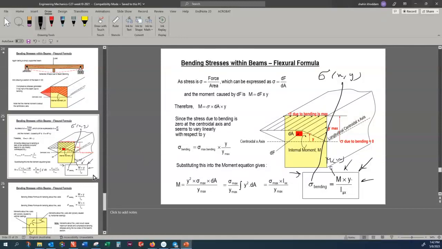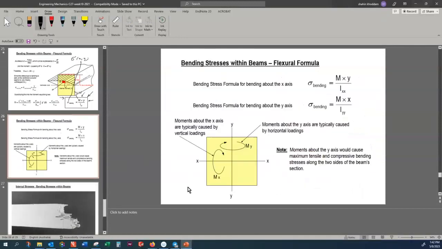If I decide to find the stress due to bending about a different axis, all I have to change is how much bending there is. If my bending is about the y axis, then the x distance goes in the numerator. That is not a concern.